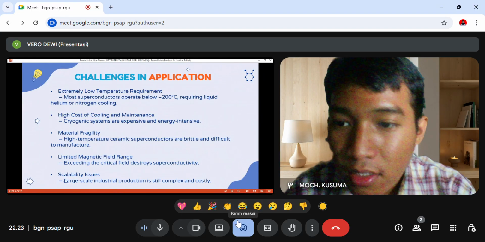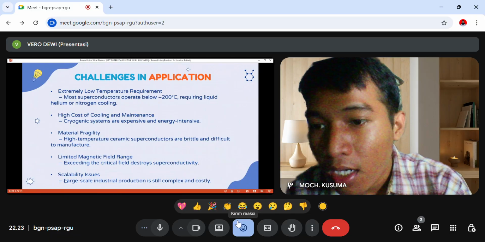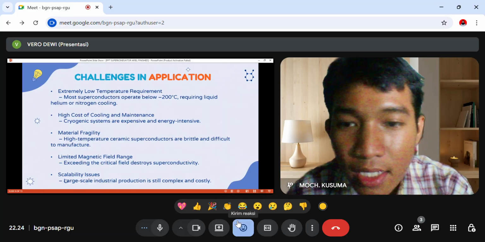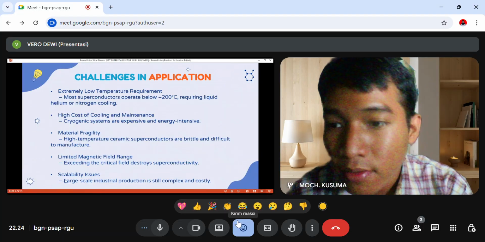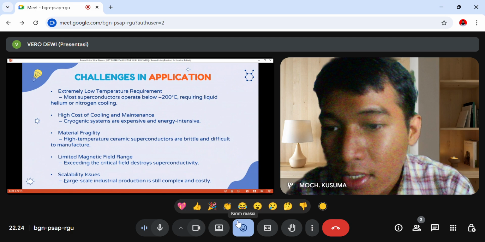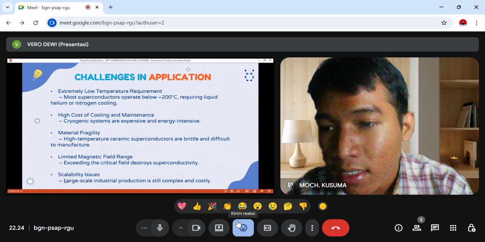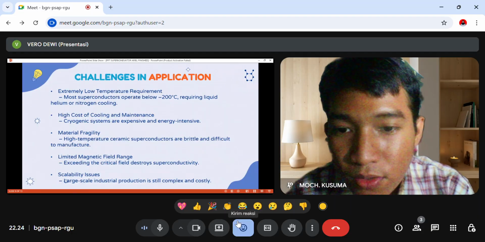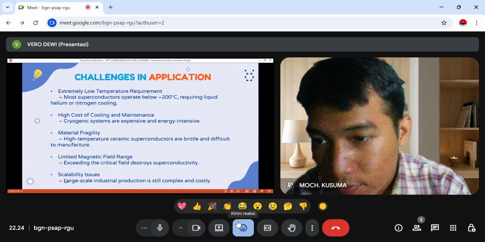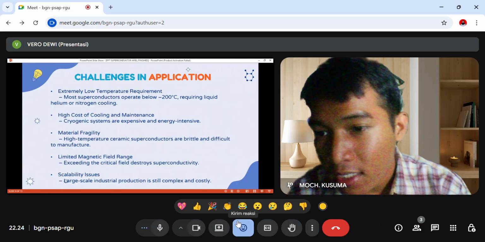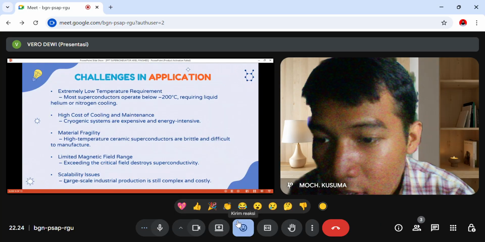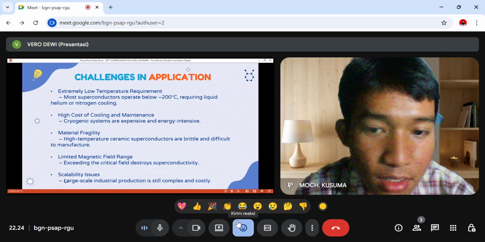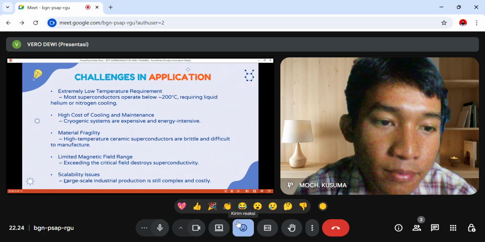Third, material fragility. High temperature ceramic superconductors are brittle and difficult to manufacture. Fourth, limited magnetic field range. Exceeding the critical field destroys superconductivity. And last, scalability issues. Large-scale industrial production is still complex and costly.